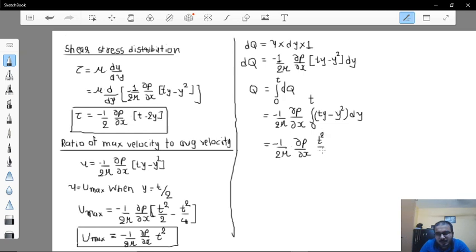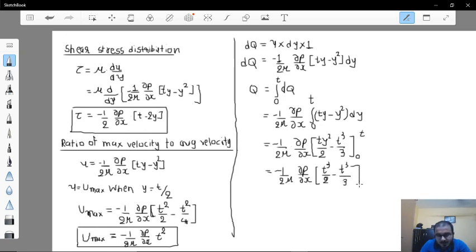t into y square upon 2 minus y cube upon 3, from 0 to t, minus 1 upon 2 mu del p over del x, t cube upon 2 minus t cube upon 3.